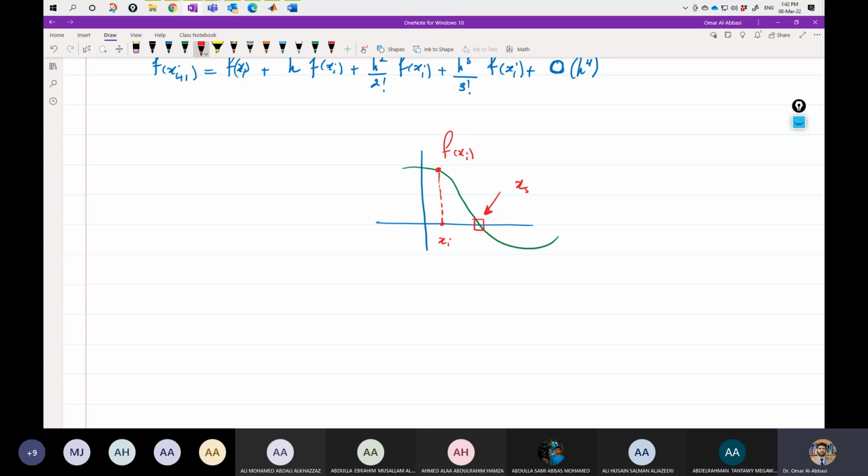Exactly, that is xs. That is the solution, right? Why? Because f of x, we said, equals 0. The right hand side now becomes 0. So what is x that satisfies that condition? So that x for us, that is the solution. All right, which means f at xs equals 0, isn't it?